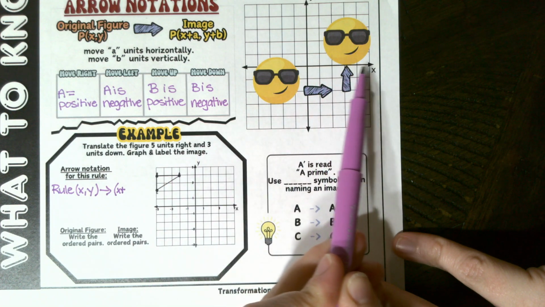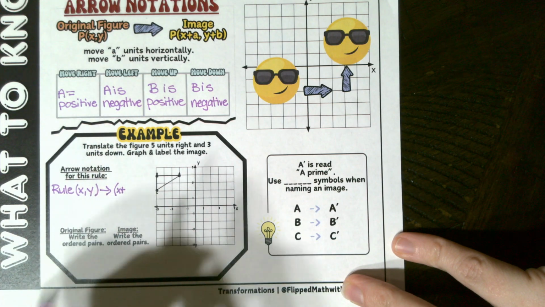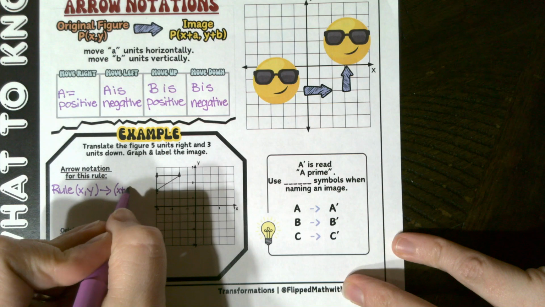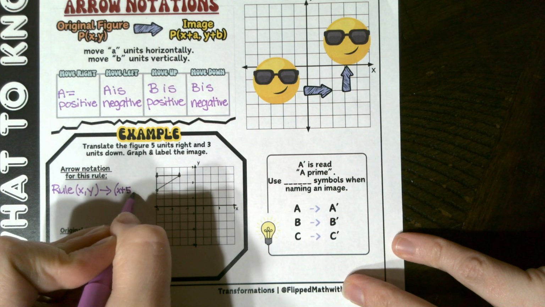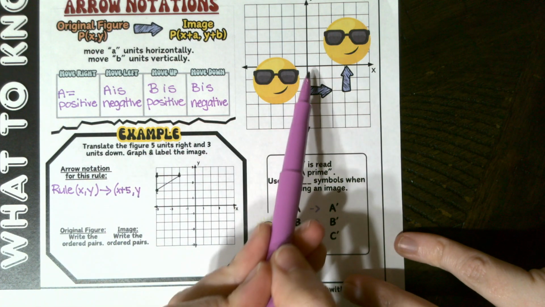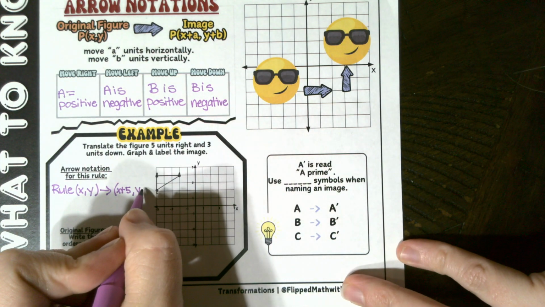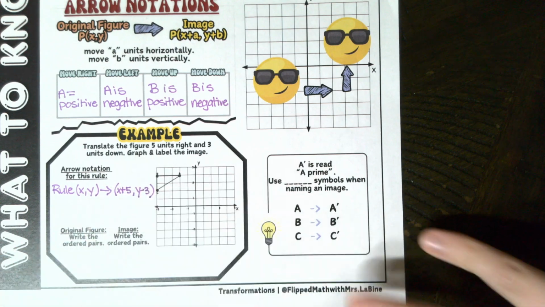If I go right, that's positive, so I'm going to add 5. And then my y is 3 units down. If I go down, it's negative, so I'm going to subtract 3.